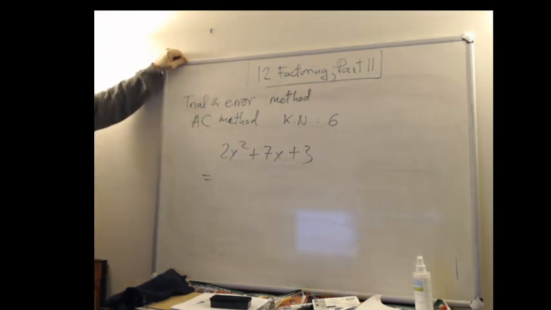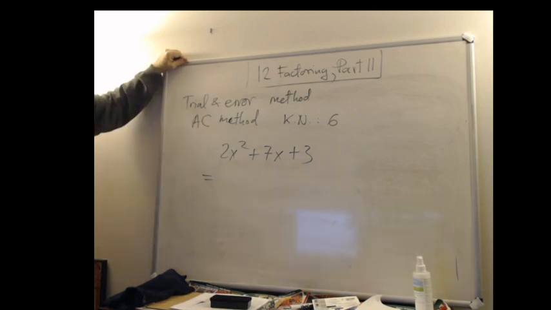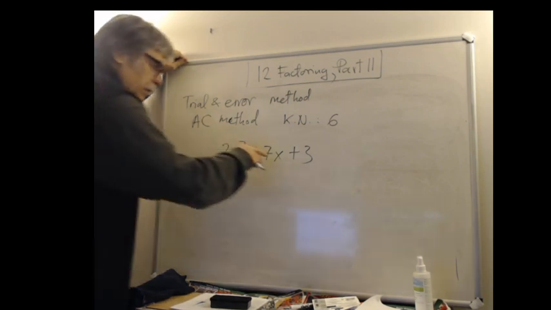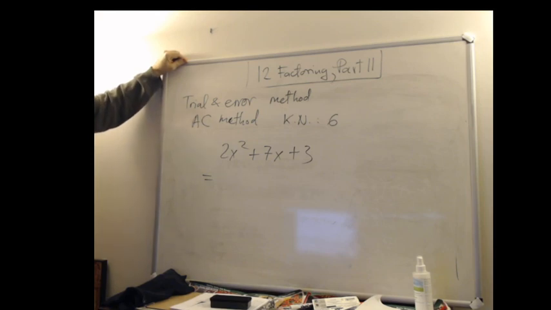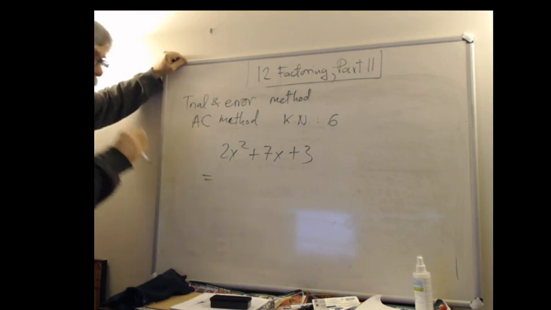Which one of them is going to work? It's hard to know, right? Factoring by grouping, you can try lots of different ideas, and none of them might work. Well, the one that will work, and this is a guarantee, will be the one where, when you split this, you will have 2 numbers whose product is the key number, AC. That's going to be 1 and 6.